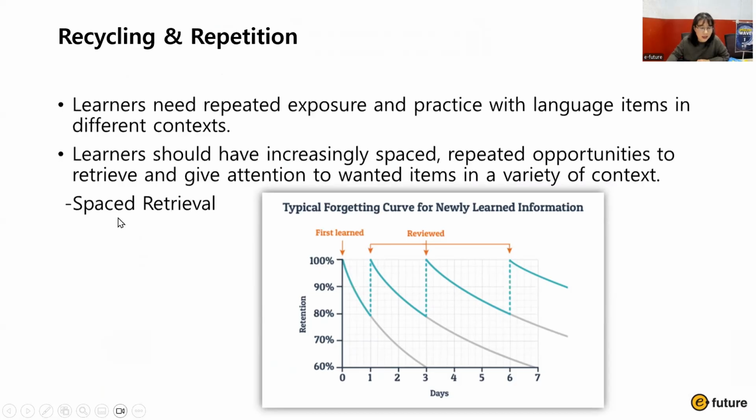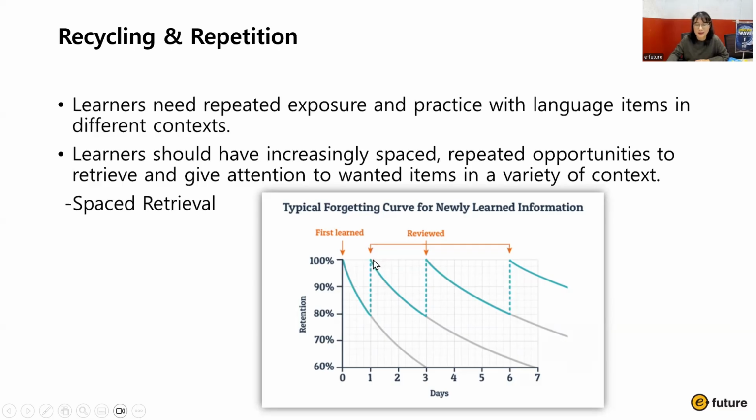So this is a typical forgetting curve for newly learned information. When you learn something for the first time, you understand 100% and you remember. However, the next day, day one, you forget. You only retain the information 80%, right? That's why you have to review.